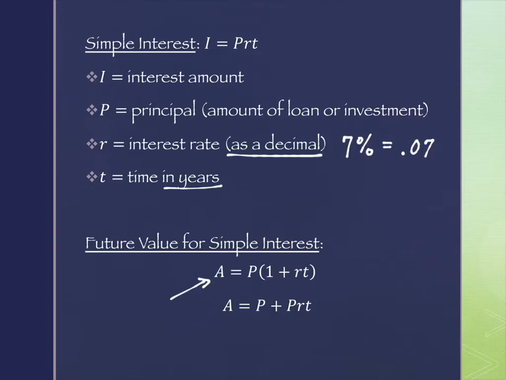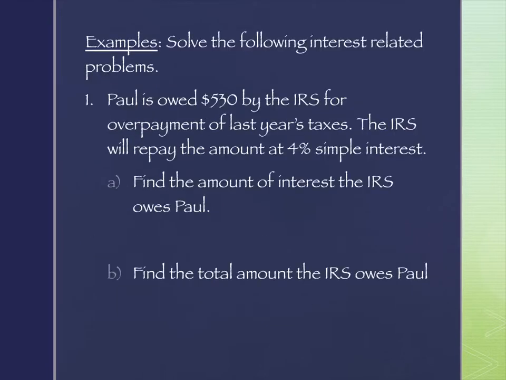Okay, so we're going to do a real quick example, and it's kind of a funny example. It was already in my notes, and I would have pulled it straight out of a resource. I'll tell you why it's funny as we read it. Paul is owed $530 by the IRS for overpayment of last year's taxes. The IRS will repay the amount at 4% simple interest.